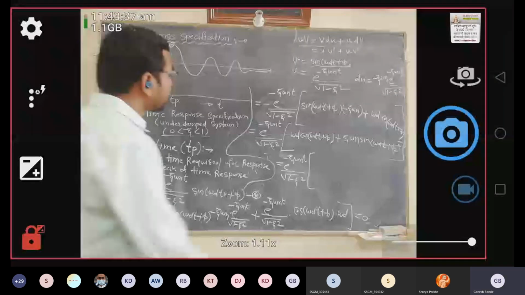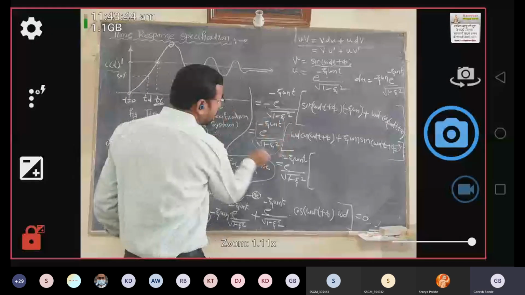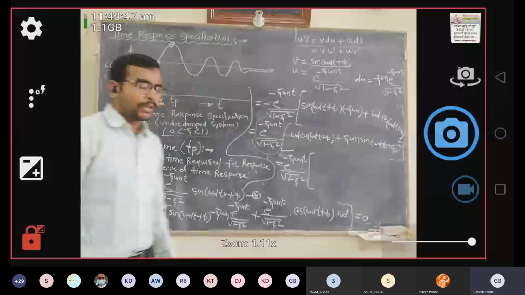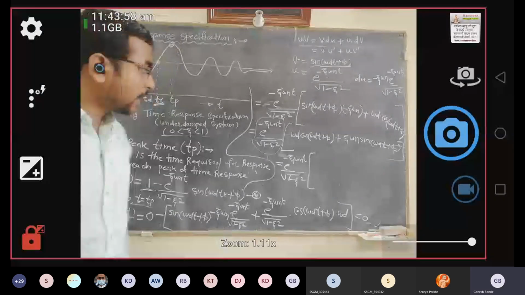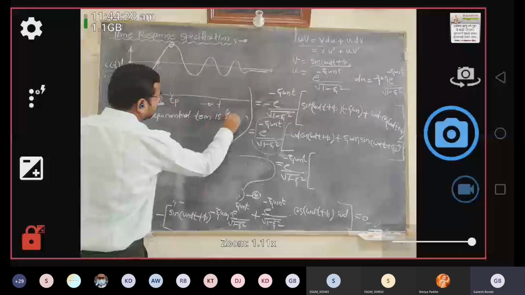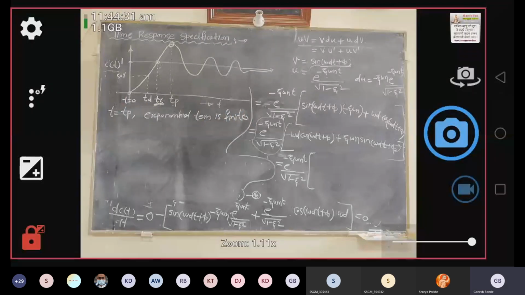This will be your first term, the exponential term, and the second term consisting of the cosine and sine terms. The exponential term at t is equal to tp is again finite. So we can write here that at t is equal to tp, the exponential term is finite. The value of the exponential term is finite.